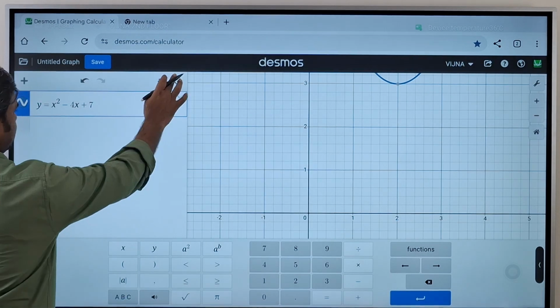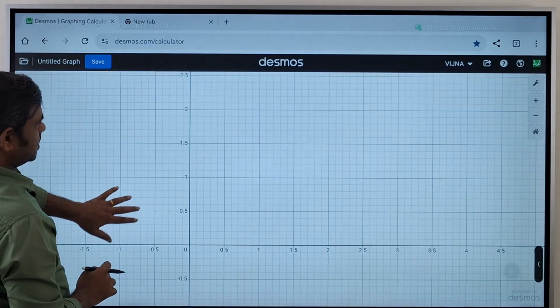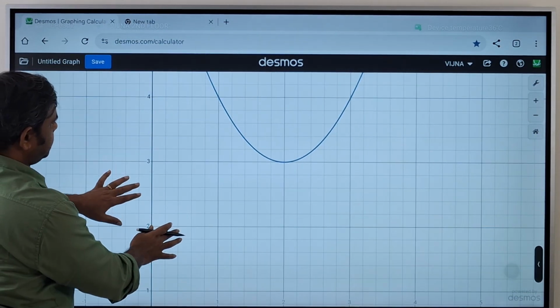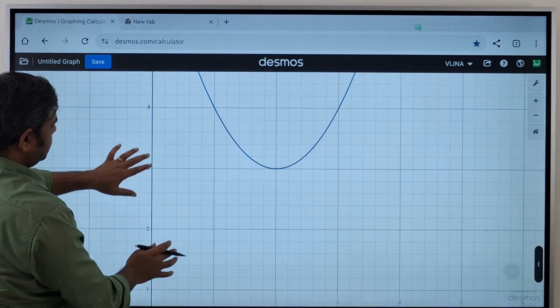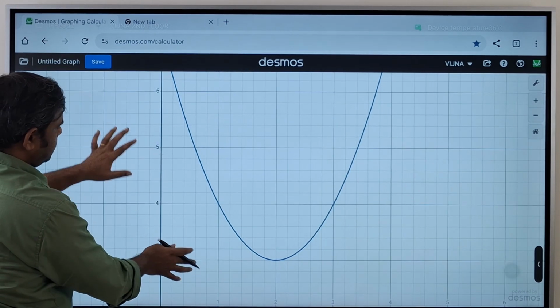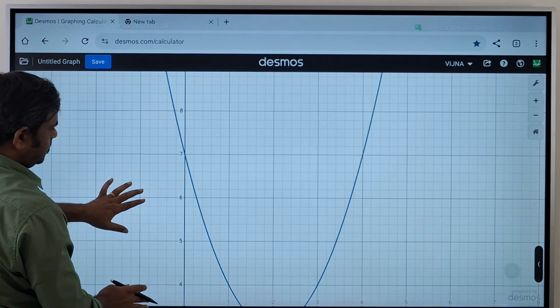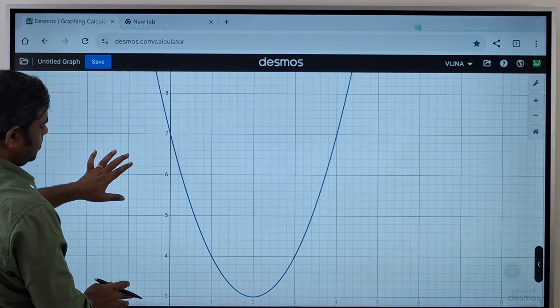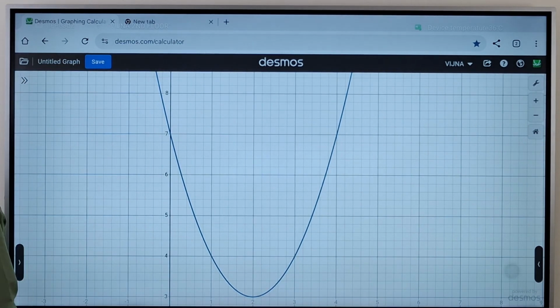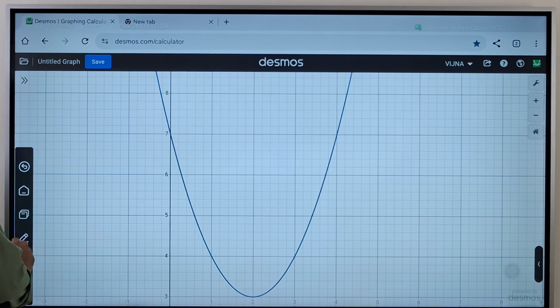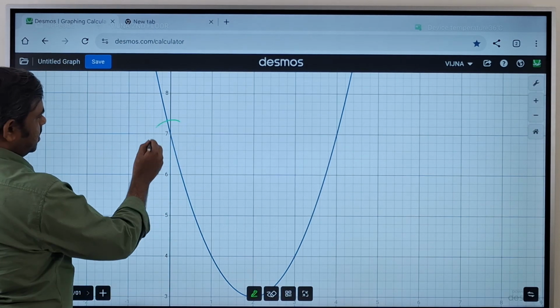Let's look at this graph here. The graph passes through the point (0, 7).